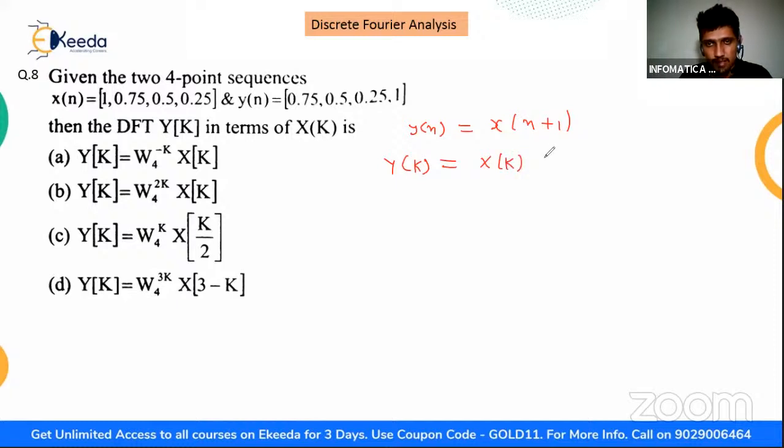X(k) multiplied by e raised to the power j, 1, k omega, where omega is basically 2 pi by N. This is shifting by 1, I mentioned it here as 1.